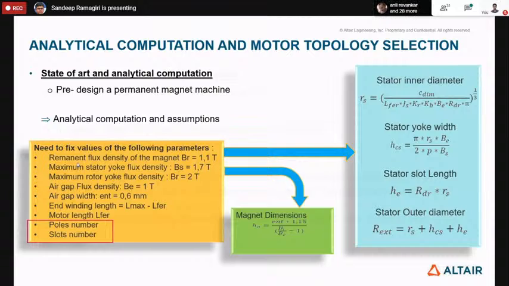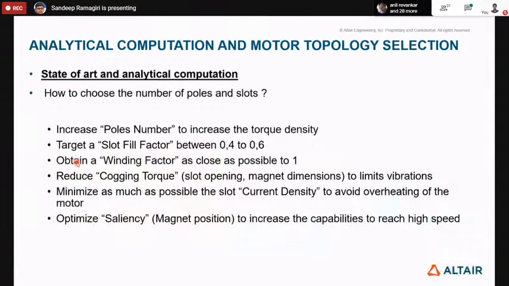Once we get this, we need to select the number of poles and number of slots, right? So how can we choose them? I have put some points here that we need to keep in mind while choosing poles and slots. Increase the number of poles to increase the torque density. If you increase the number of poles, the torque density of the machine will increase.